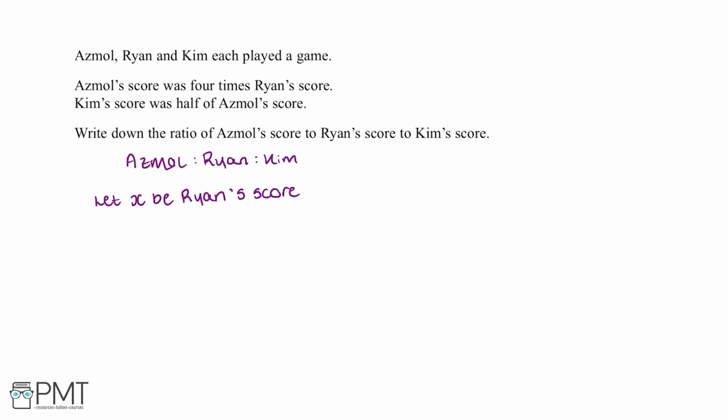So this means that R is equal to x. We've been told in the question that Asmol's score was 4 times Ryan's score. And if Ryan's score was x, then this means Asmol's score is 4x. We've then been told that Kim's score was half of Asmol's score.